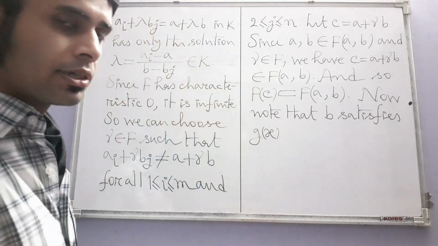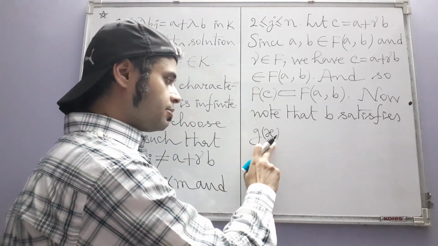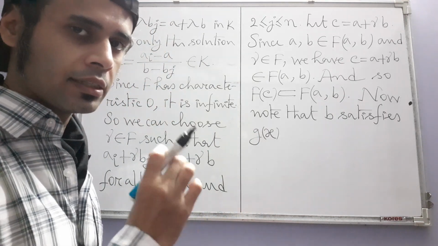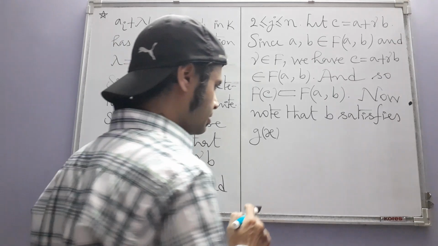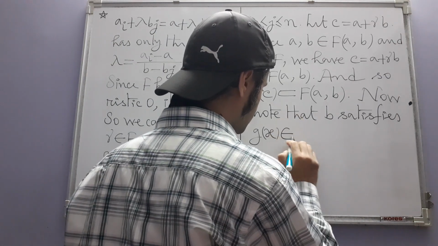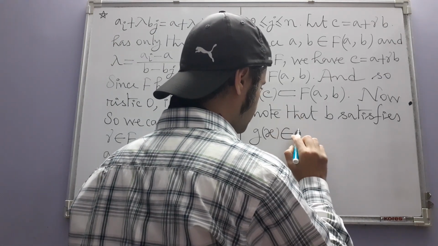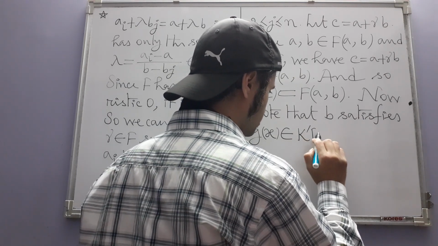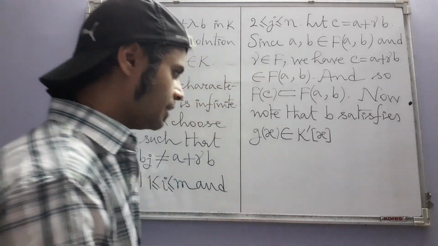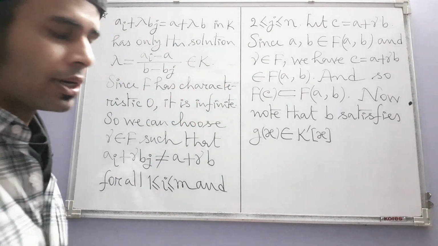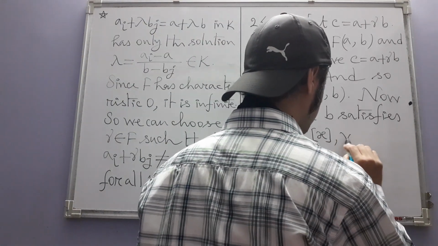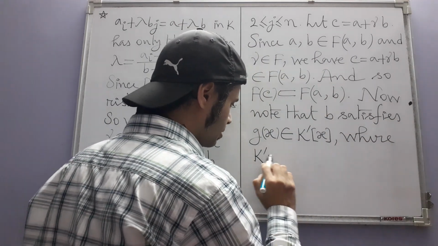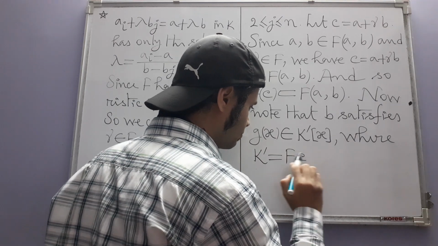This is something we already know. Now what is Gx? Originally Gx is a polynomial over the base field F, but it can of course also be considered as a polynomial over this slightly different field K prime, where K prime is F(C).